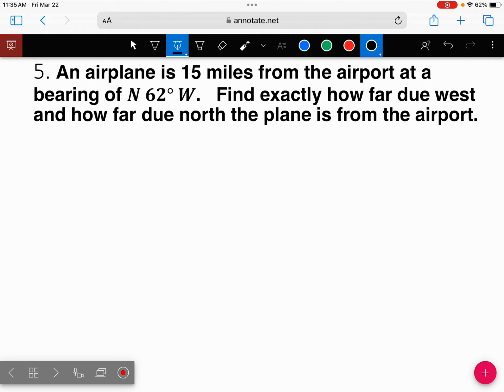So question number 5 says we have an airplane. The airplane is 15 miles from the airport at a bearing of north 62 degrees west. All right, so we've got our never eat soggy waffles. It's telling us that we're going northwest. So this airplane went northwest.